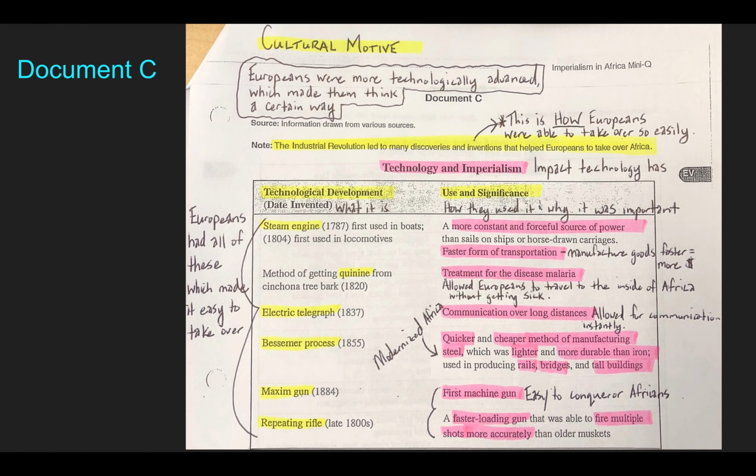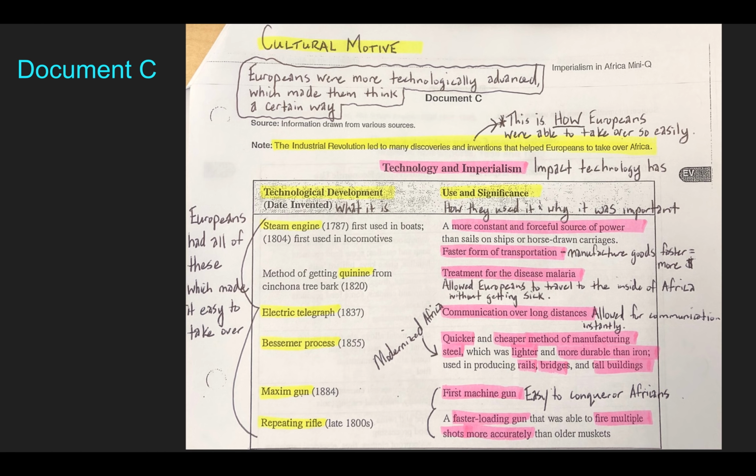So what I want you guys to do is I want you to highlight all the inventions that are on the left-hand side. So highlight steam engine, highlight quinine, highlight electric telegraph, Bessemer process, Maxim gun, the repeating rifle. And then I want you to draw a little bracket to the left like I did.